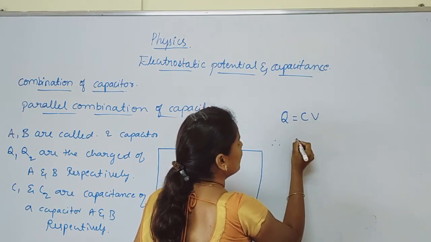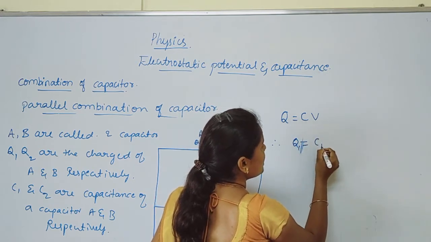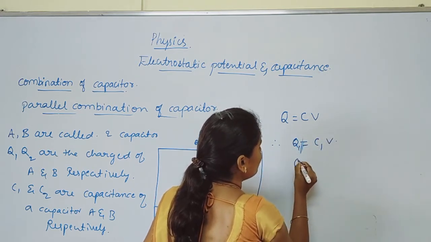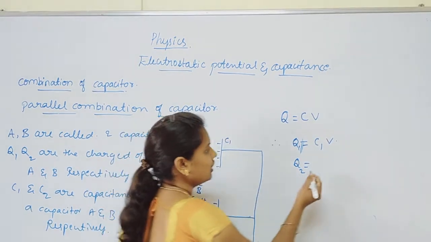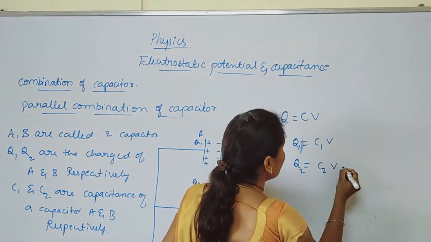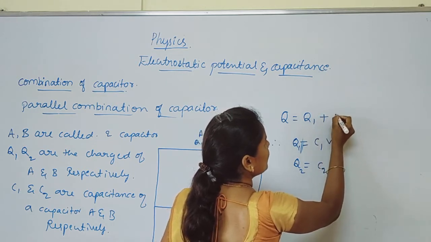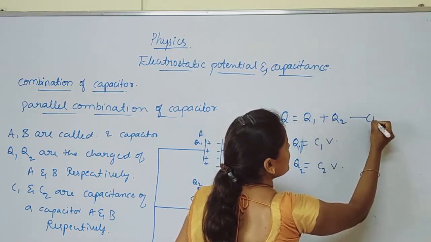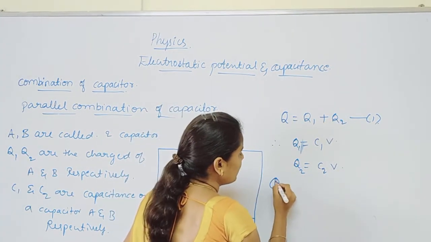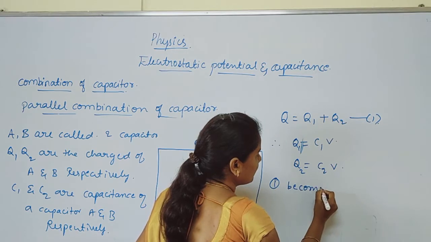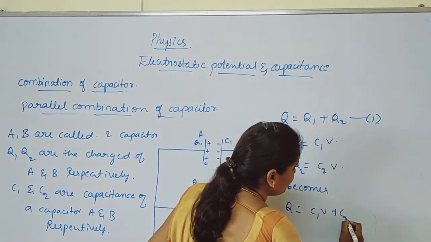Therefore Q1 equals C1 times V, and Q2, the charge in capacitor C2, equals C2 times V. So the total charge is equal to Q1 plus Q2. This is called equation number 1. Applying these two values, equation 1 becomes Q equals C1V plus C2V.